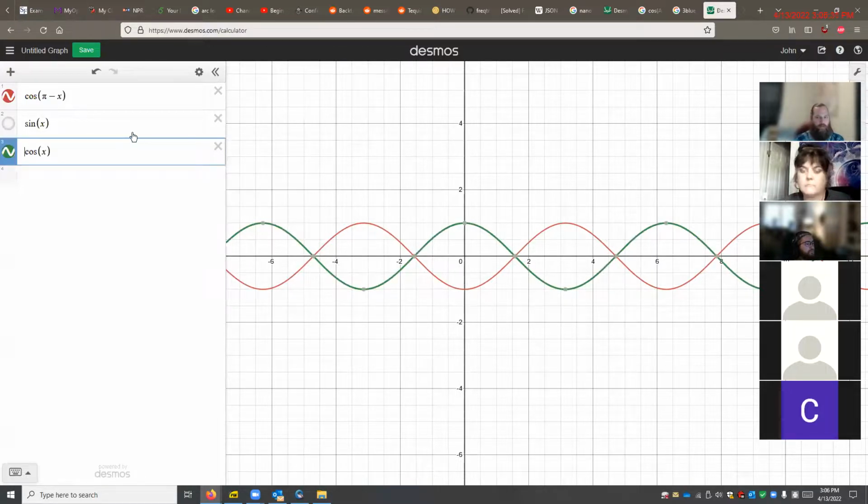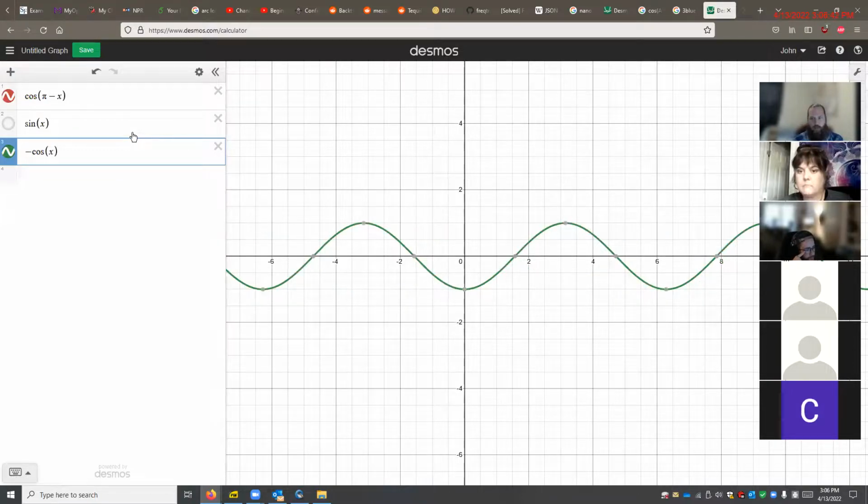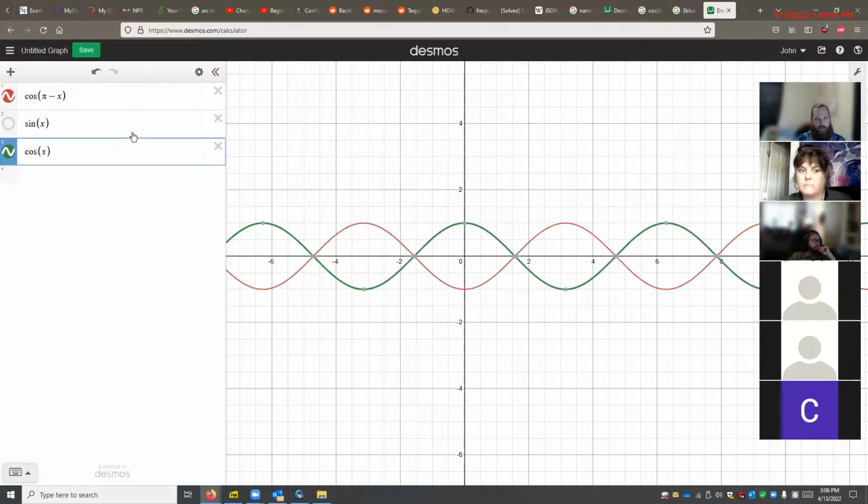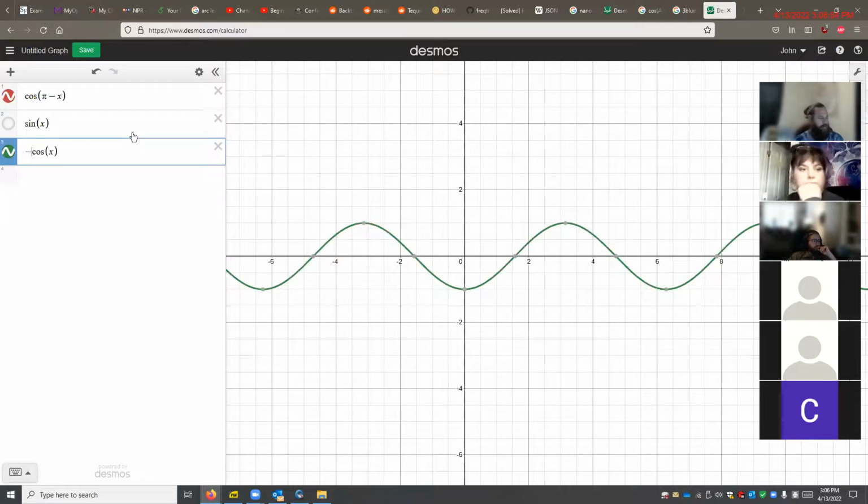Shifted by pi. Shifted by pi, yep. And for sines and cosines, shifting by pi is equivalent to vertical reflection. So the cosine of pi minus x is the same as negative cos of x.